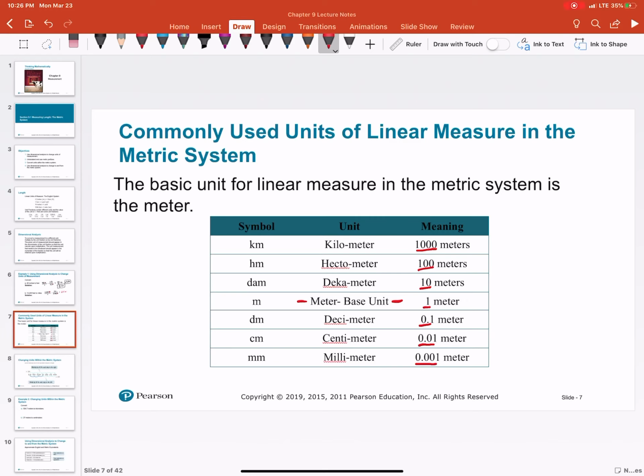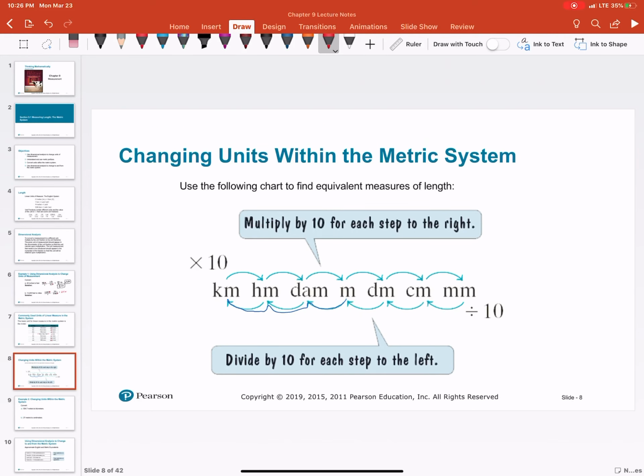So let's look at how to convert from metric to metric. If I'm trying to go from meters to kilometers, I would move the decimal place 3 places.